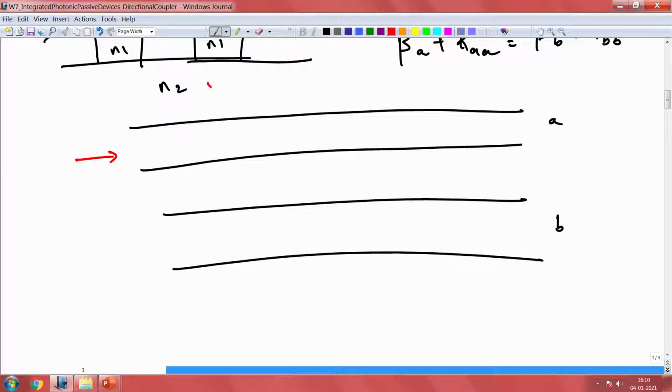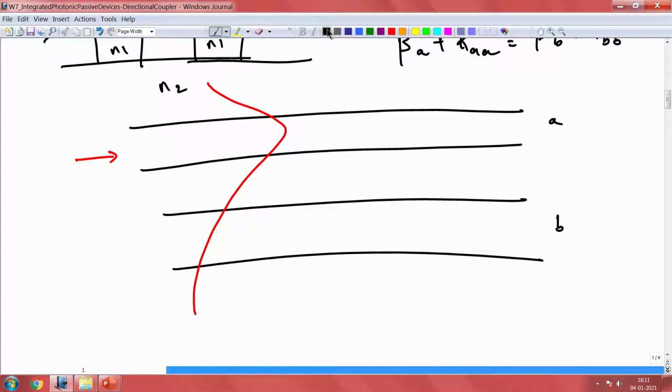I'll have an effective solution like this. Okay. So, this is how my solution or mode is going to look like, but it is not perfect to say that this is the only solution that we have.